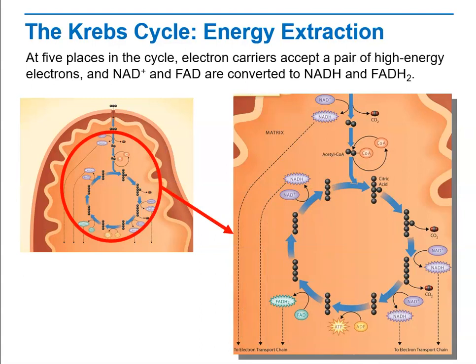Focus now on the electron carriers, NAD+ and FAD. Pause the video and find NAD+ and FAD in the Krebs cycle, then press play once you have found them.